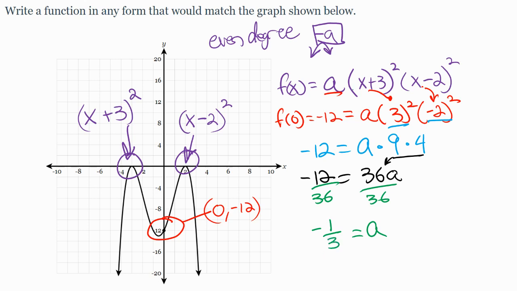So that a value goes right here in front of the rest of my factored form for a final f of x form of -1/3 times x plus 3 squared times x minus 2 squared.